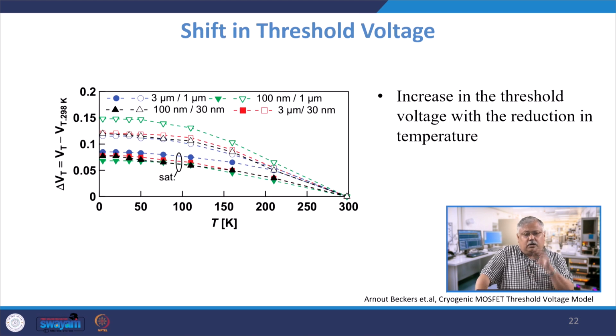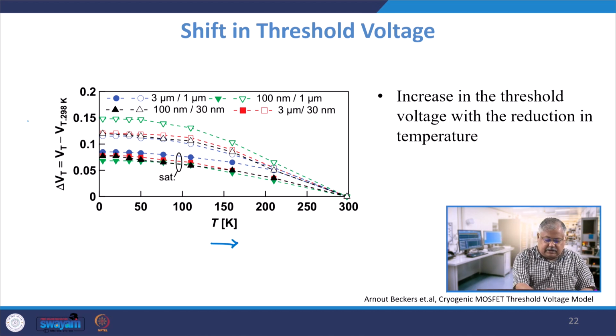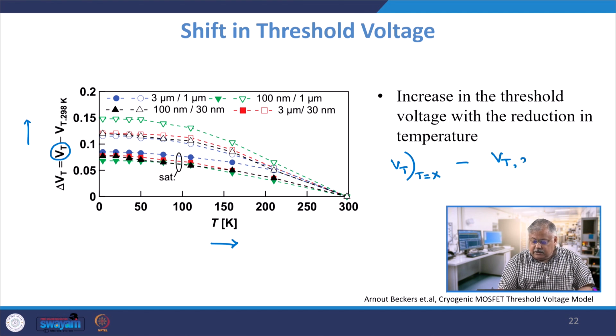Just to end the talk, 3 important slides. The first slide is primarily to look into the shift of the threshold voltage. Please understand that we are plotting here temperature in Kelvin versus the change in the threshold voltage. Change means Vt at a particular temperature, say X, minus Vt at 300 Kelvin.